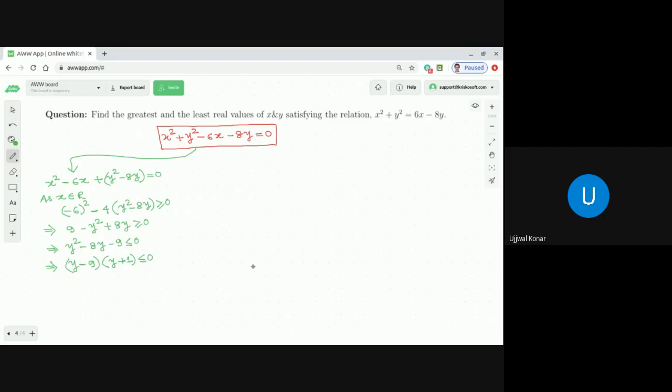Minus y square plus y square minus 8y. Correct. So from here what we get, dear students, is that y minus 9 into y minus of minus 1 is less than or equal to 0.